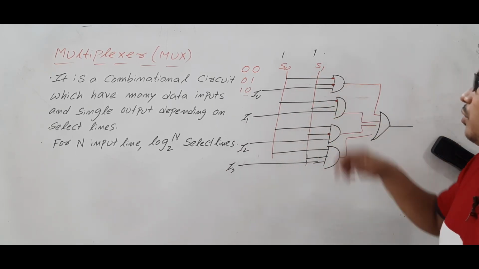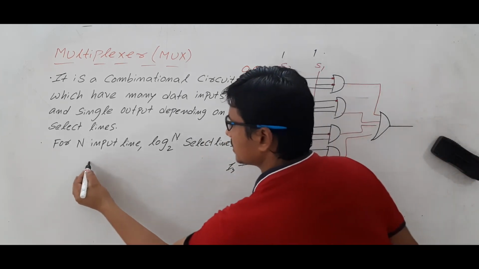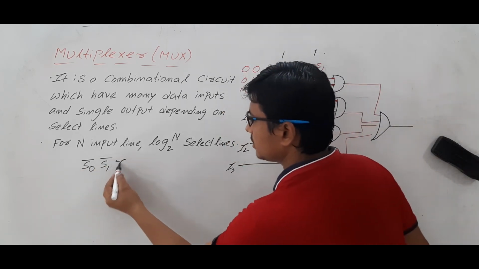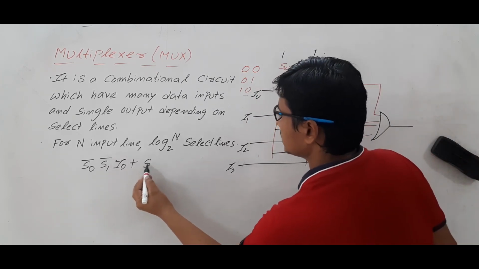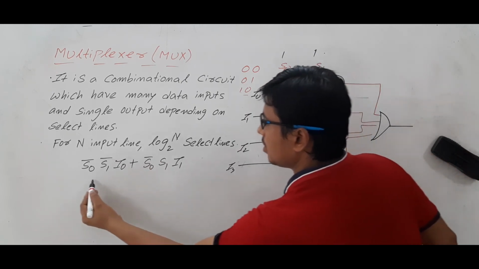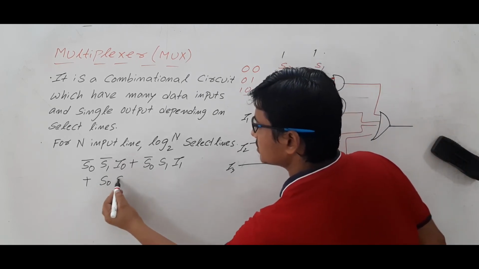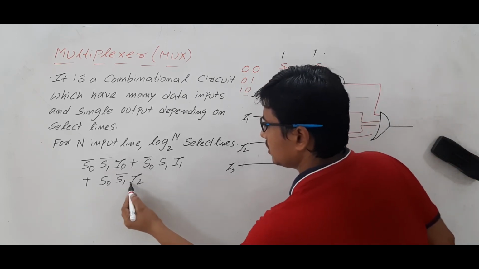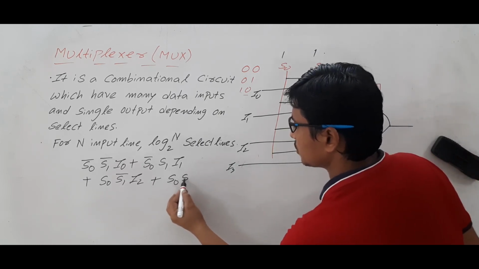Are you able to understand? So how am I getting the final equation? This one I will get S0 complement, S1 complement, and I0, or this is S0 complement, S1, I1, or this one is S0, S1 complement, then I2, or this is S0, S1, I3.